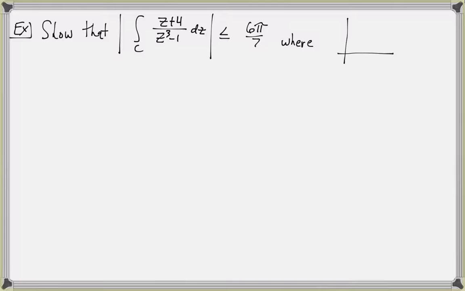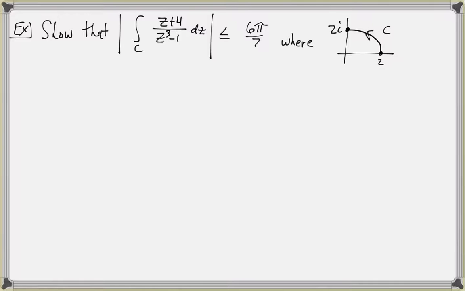So this is a circle with radius 2, center at the origin. And we just take the portion of the circle in the first quadrant, so this quarter of a circle goes from 2 to 2i.